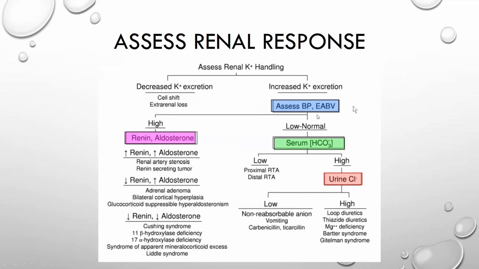And why is it dumping? We can look at their hemodynamic status. Are they volume up, normal, low? Most of the cases in the ICU, we go towards this route, and then we look at bicarb. Hypokalemia is usually associated with alkalosis. So this narrows it down to these two categories, and history and physical will help you out a lot.